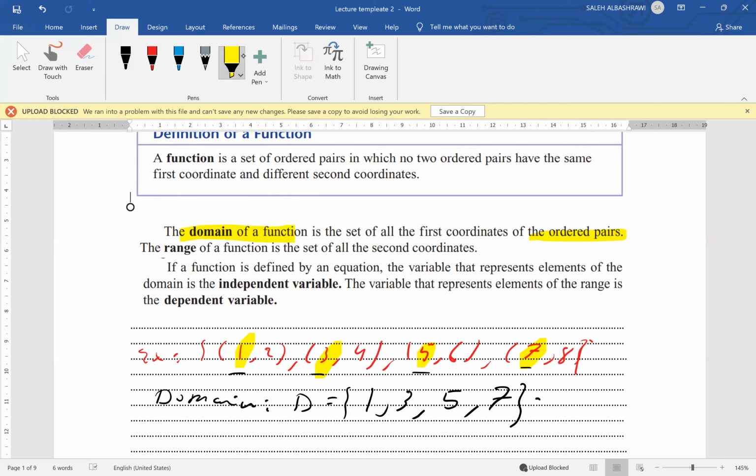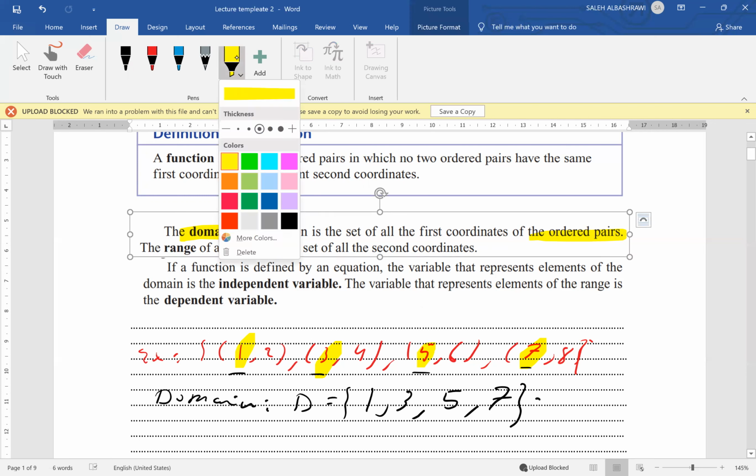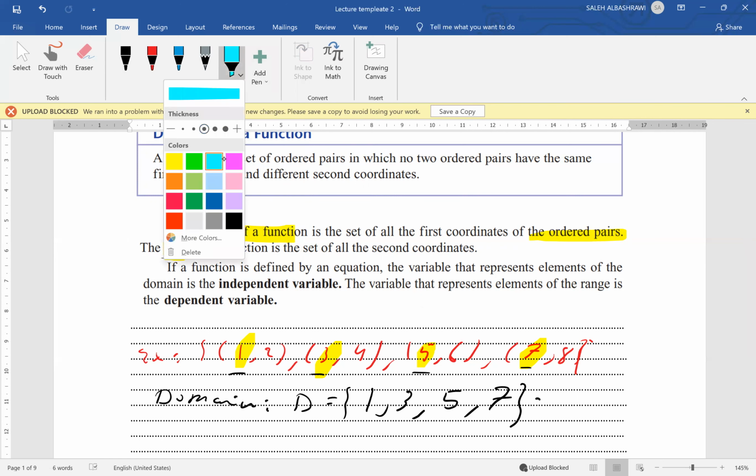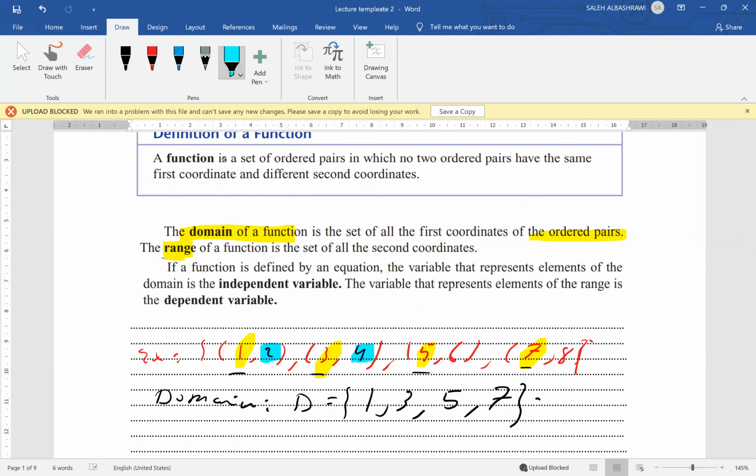Now the second coordinate of the function, we call the range. So the second coordinates, 2, 4, 6, and 8, will give me the range of the function.